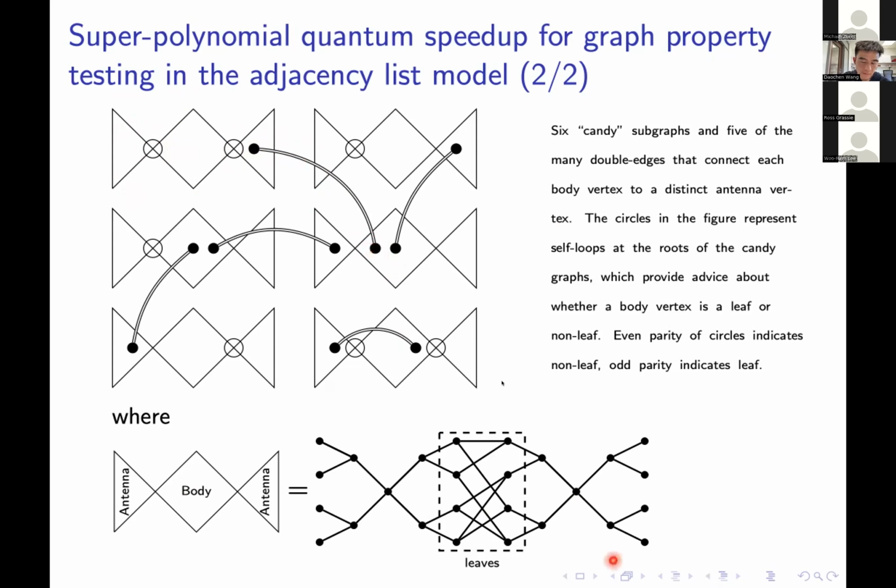On the other hand, we know that a classical algorithm cannot read this advice so easily, this marking about whether a vertex is a leaf or not. And therefore, a classical algorithm gets totally lost in terms of deciding whether a graph is of this form or far from it.